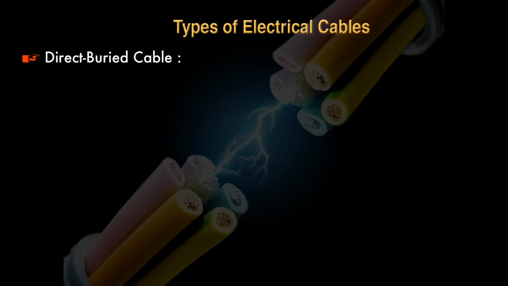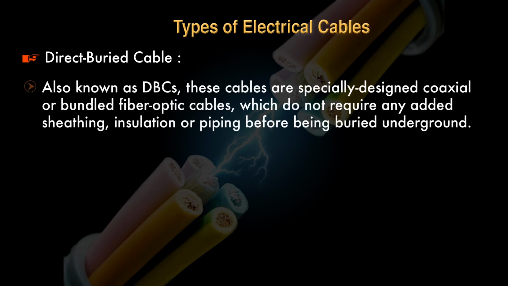The next type of cable is direct buried cable. Direct buried cable is also known as DBCs. These cables are specially designed coaxial or bundled fiber optic cables which do not require any added sheathing, insulation or piping before being buried underground.